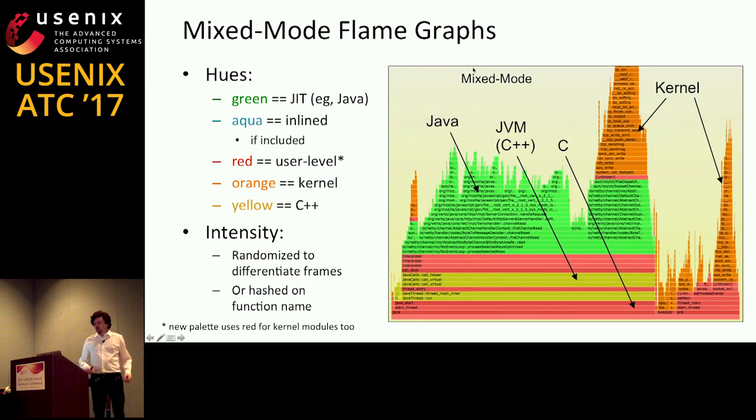Mixed mode flame graphs are where I'm showing user-level code with kernel code together. It's a little bit of a hack, but in my implementation, I've colored different types of code. So for jitted code, I color it green. If it includes inlined calls, I'll color it aqua. Red for user-level code, orange for kernel, and yellow for C++.